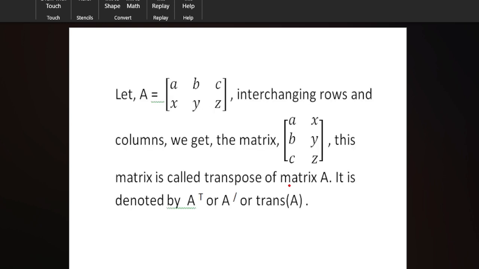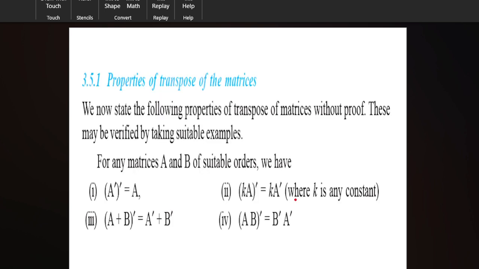Here A is a matrix of order 2 by 3, then its transpose is of order 3 by 2. ABC was the first row, then it becomes the first column. Second row XYZ becomes the second column. Like this we can obtain the transpose of a matrix, written as AT, A dash, or trans of A.